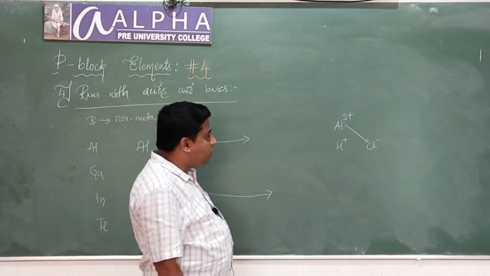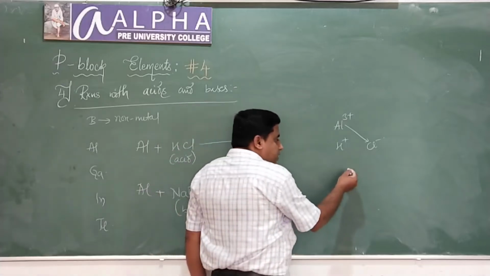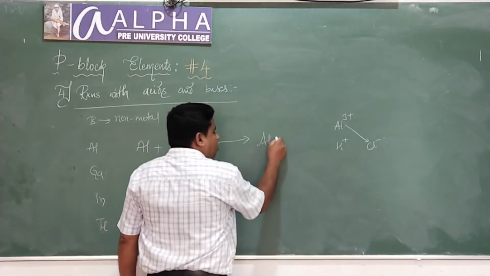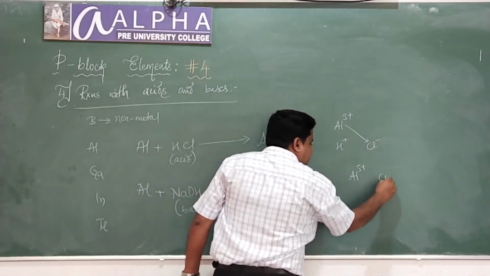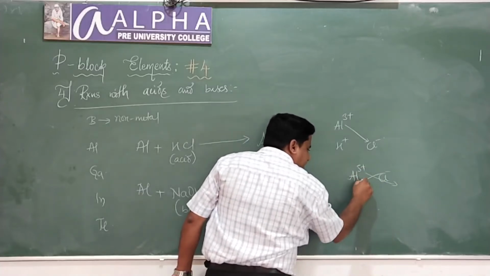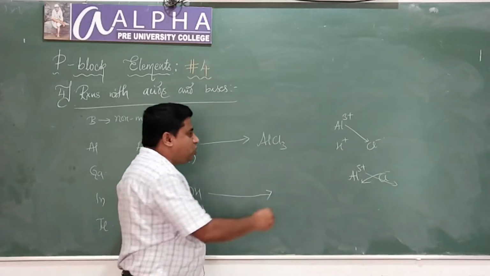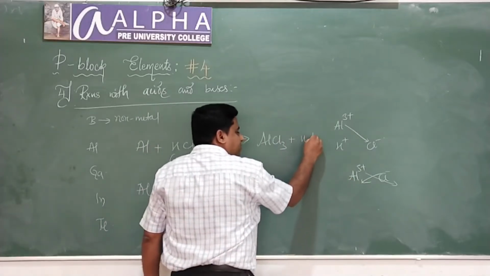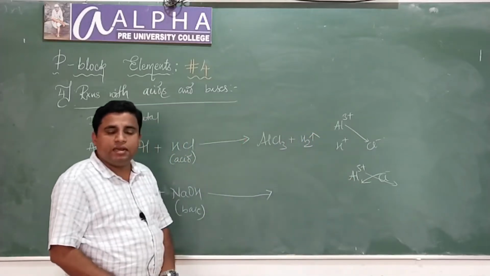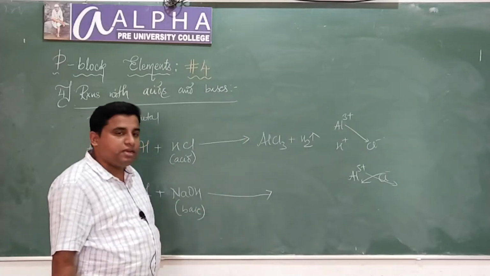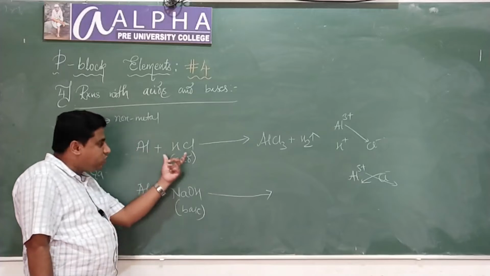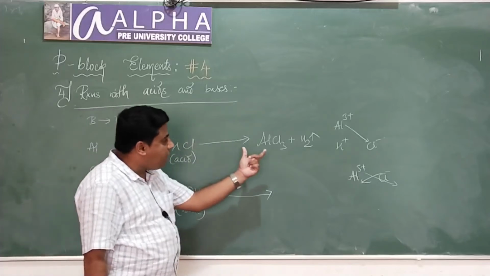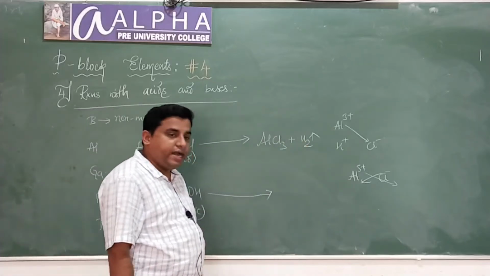It will form aluminium chloride, Al3 plus and Cl minus, by the crisscross method. And it liberates which gas? Hydrogen gas is liberated. So aluminium reacts with acid to form aluminium chloride and it liberates hydrogen gas.